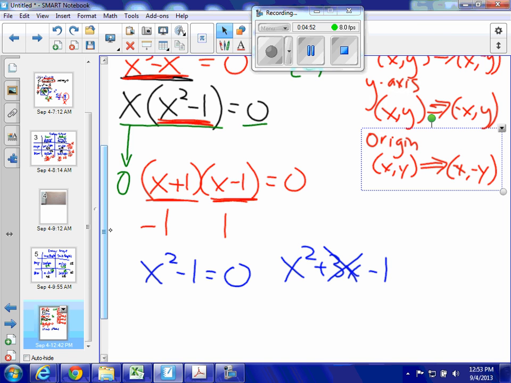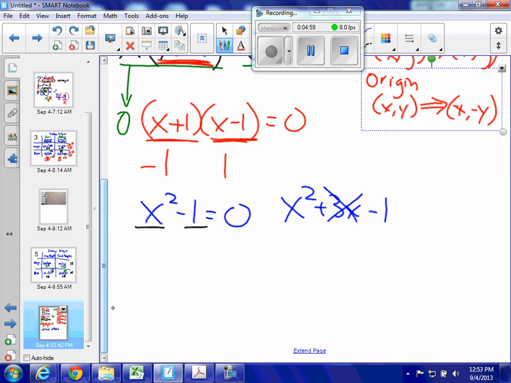All I have are the two terms, the squared term and the constant. I can also add 1 to both sides. That would give me x squared is equal to 1. And then I can take the square root of both sides. If I do that, I will get x is equal to plus or minus 1, which is exactly what I have right here.